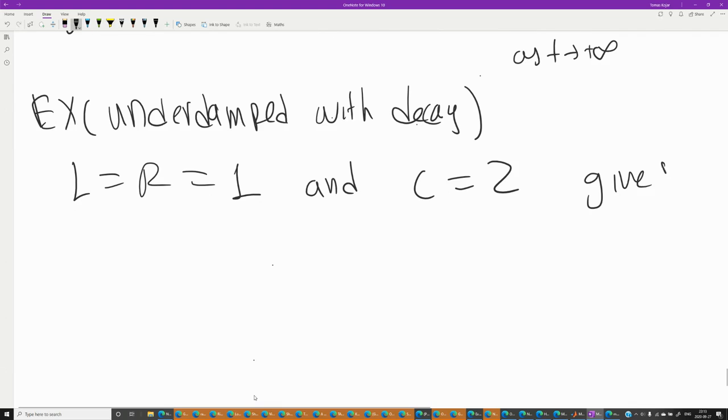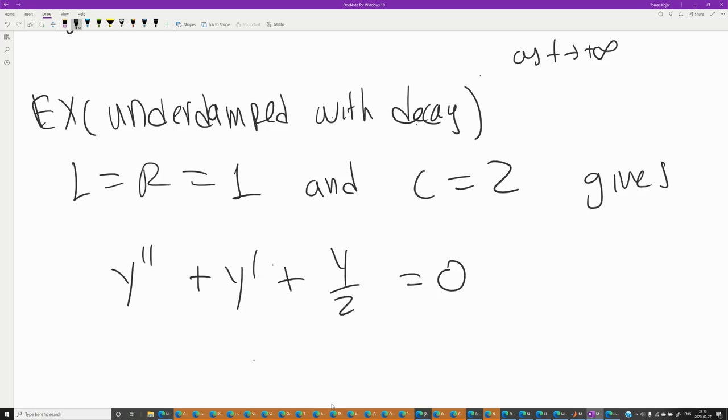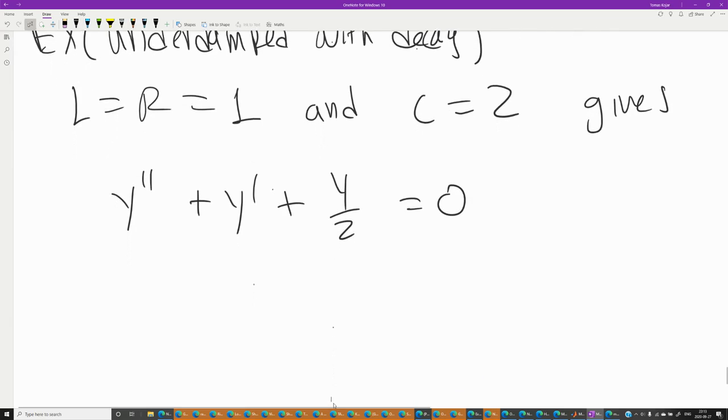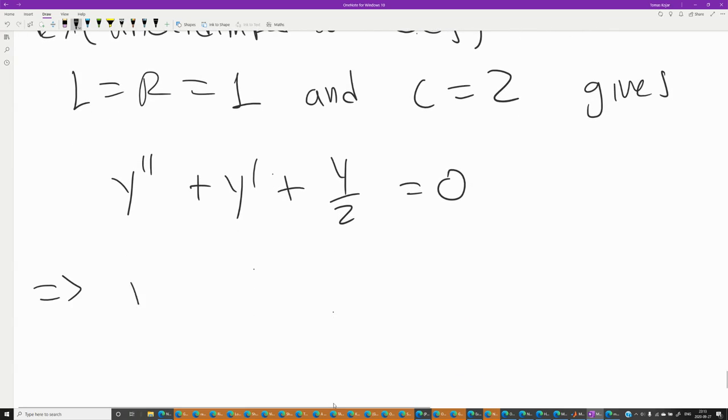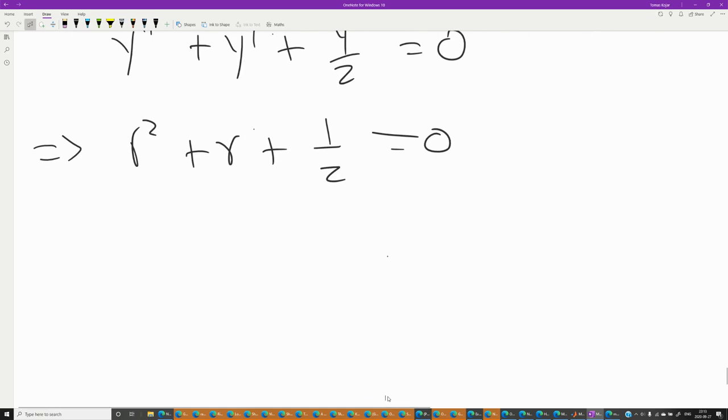This choice gives y double prime, y prime, and y over 2 equal to 0. The characteristic equation is r squared plus r plus a half. And the roots for this are minus a half plus minus i a half.